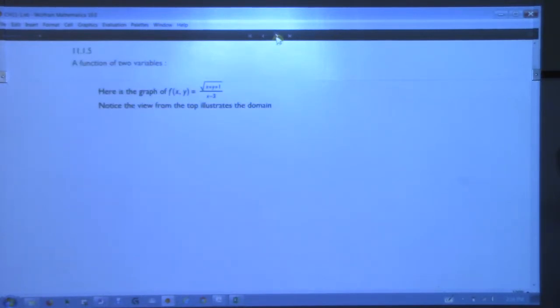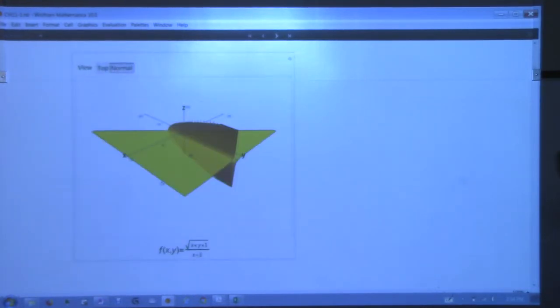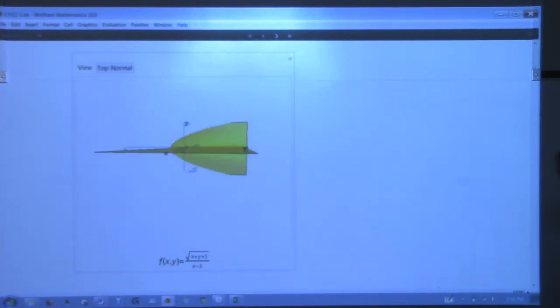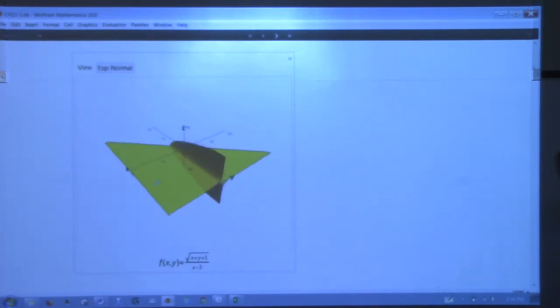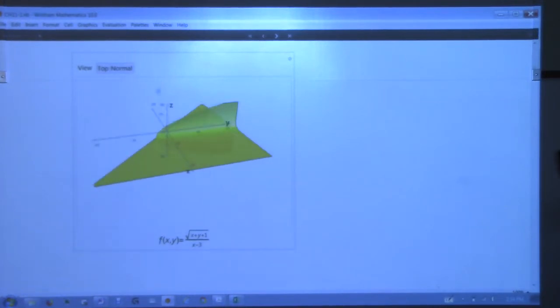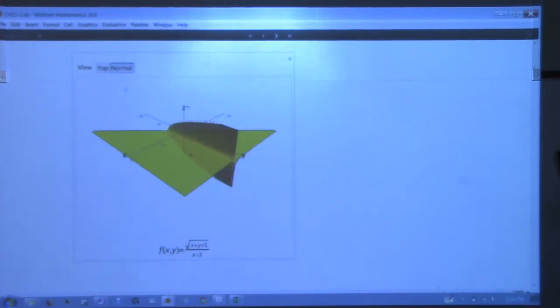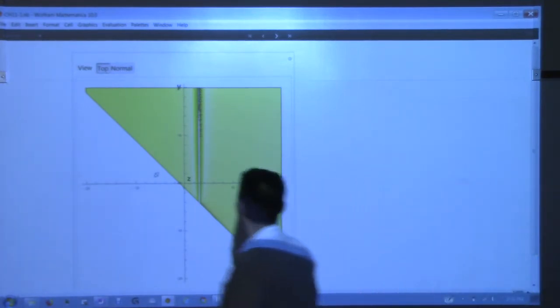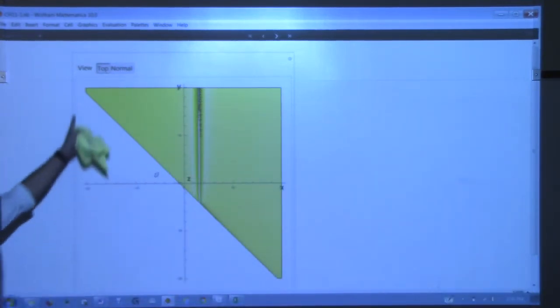Now, here's that problem that we just had. We just found the domain of it. This is the graph of that surface. What's really cool is if you look at it from the top, what does that look like? That's our domain.